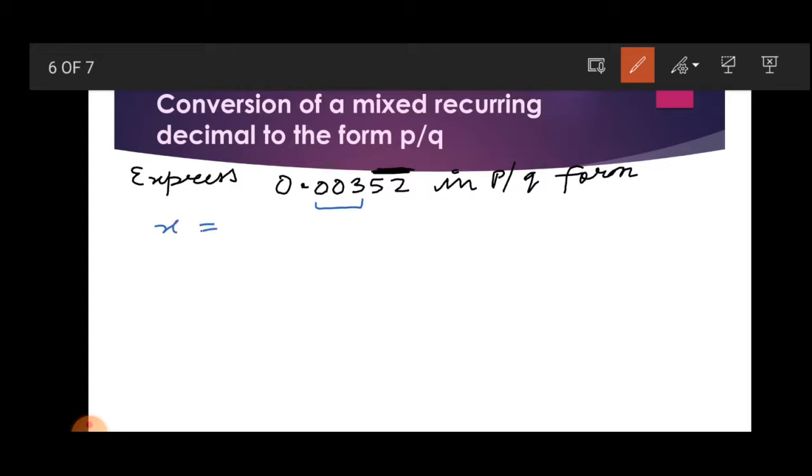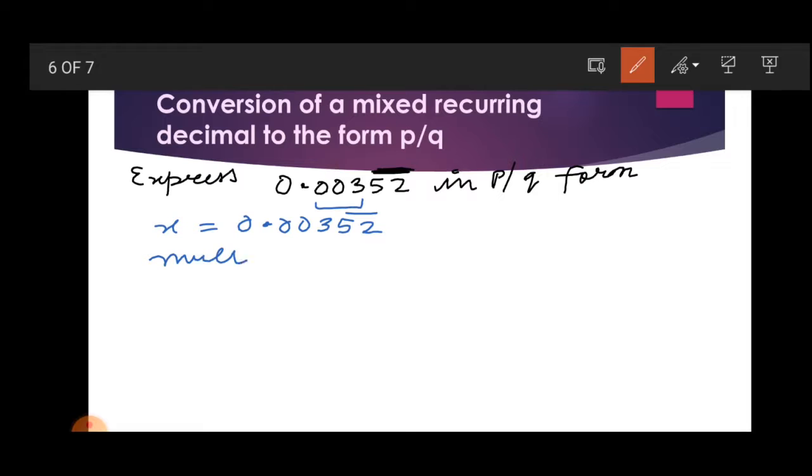So let's take x is equal to 0.00352 bar. Now 3 digits on the right side of the decimal point are without bar, so we multiply this equation by 1000.